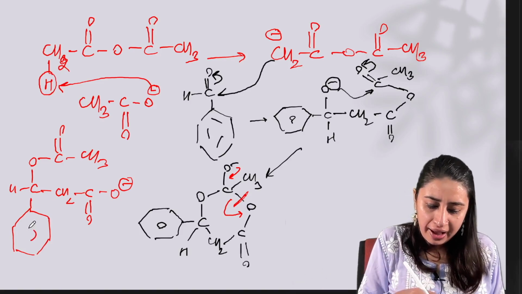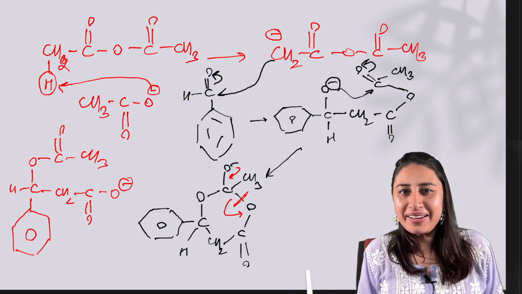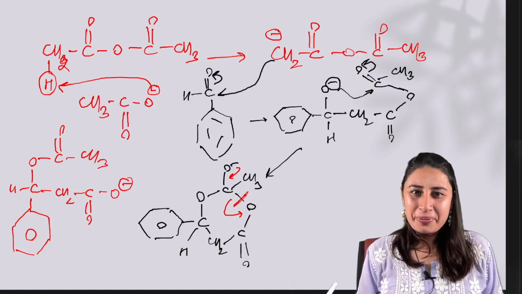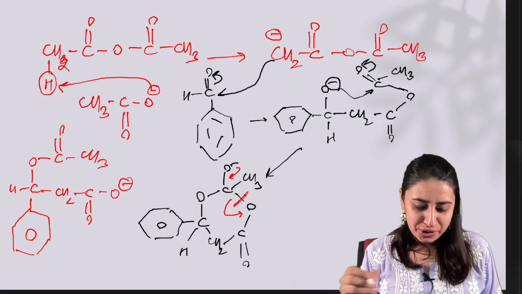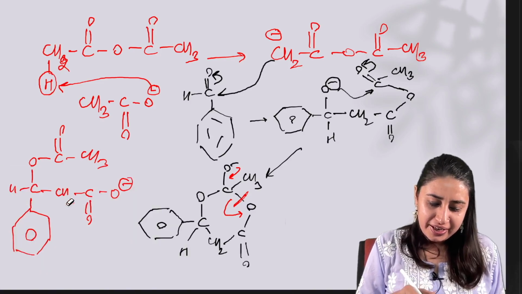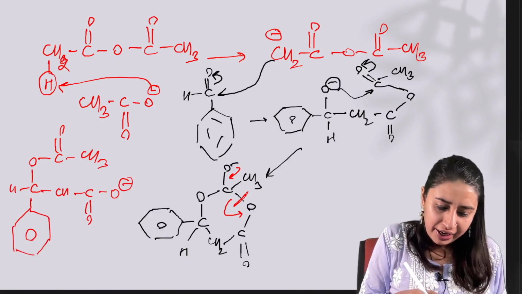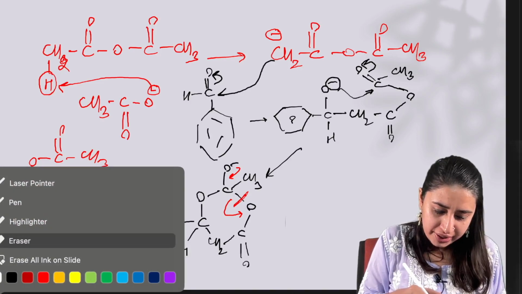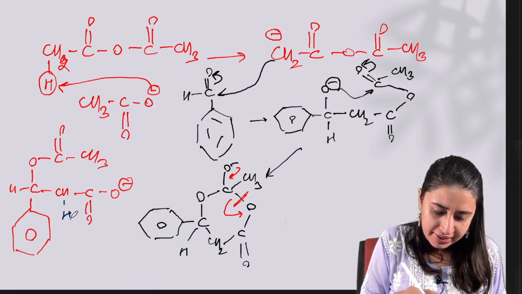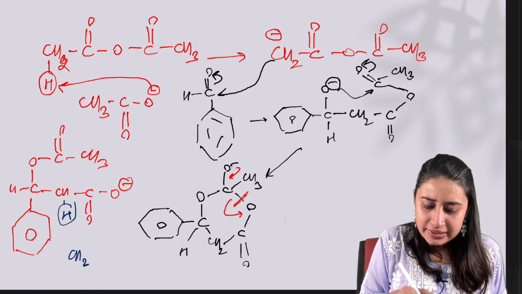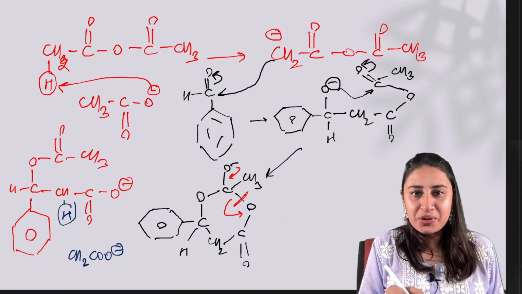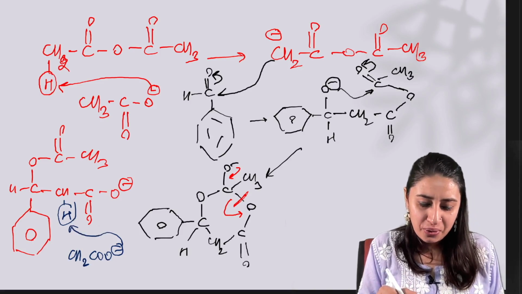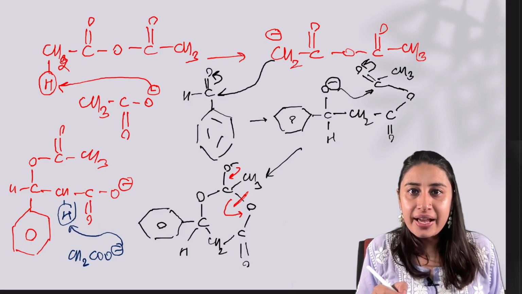Now once you have this, again observe what is the possibility. Do you observe there is a very acidic hydrogen right here in this intermediate? So if I write this particular hydrogen like this, or let me show it in such a way that it can easily be abstracted like this. Now there is still CH3COO minus in the solution, right? So this can abstract this alpha hydrogen also, such that you get another anion.